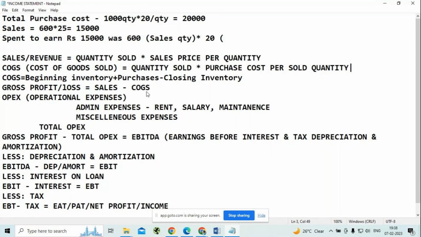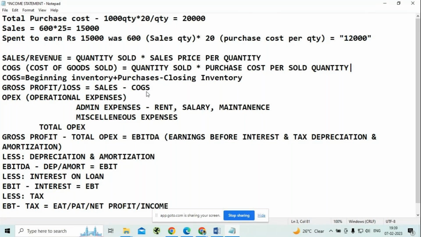So this is the purchase cost per quantity. What worth of goods have we sold? 600 into 20 is 12,000. So to earn 15,000, we have spent 12,000 worth of goods.